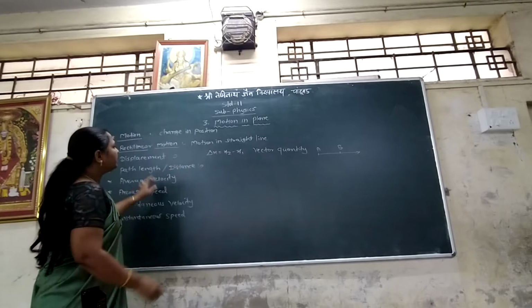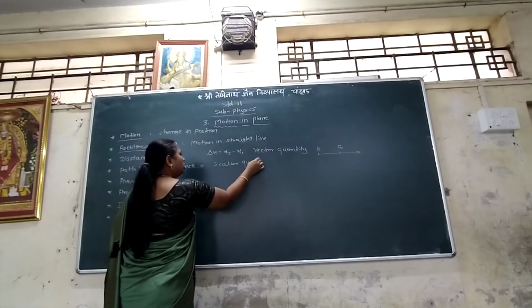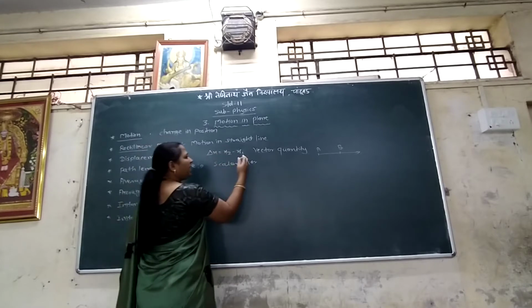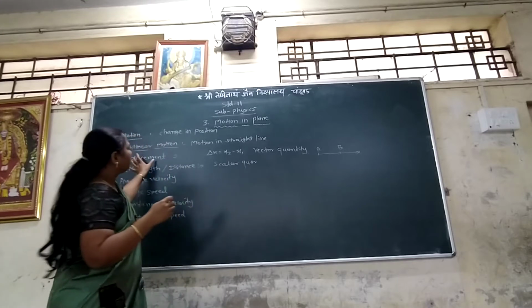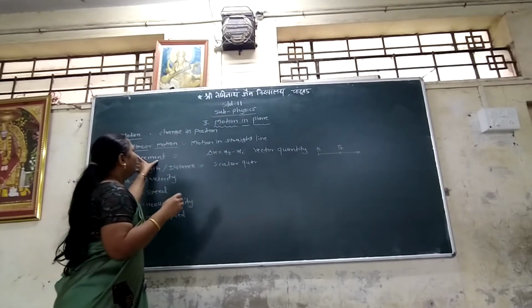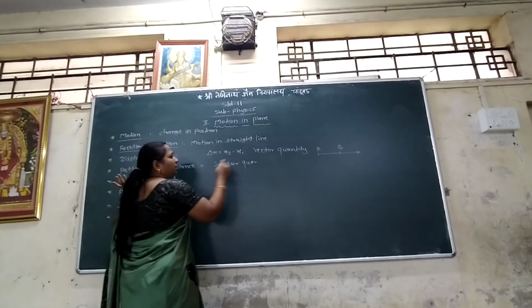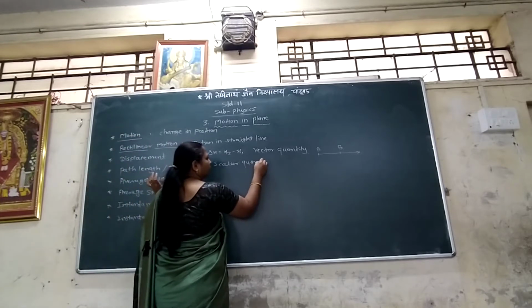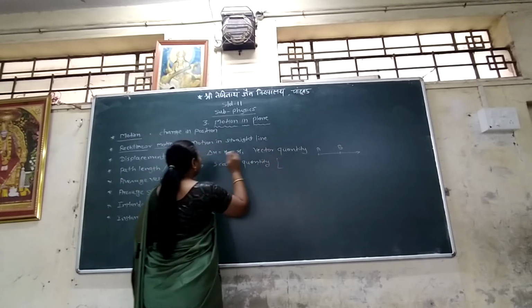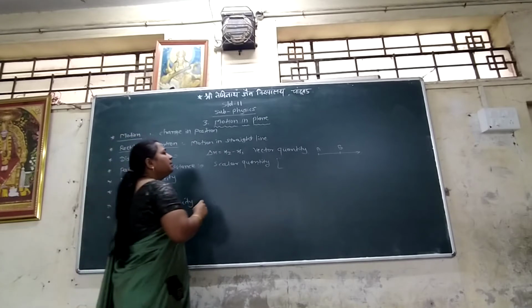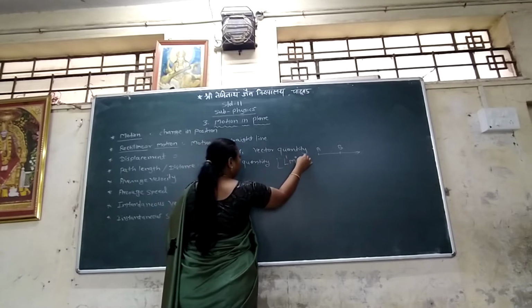Their dimensions are the same, and only the magnitudes may be the same. Dimensions of both displacement and distance are L1, M0, T0.